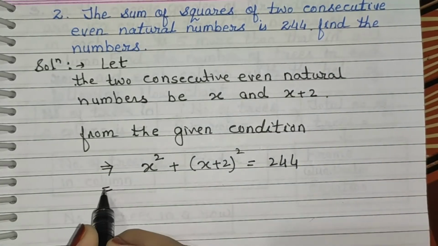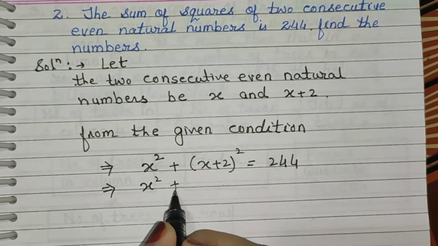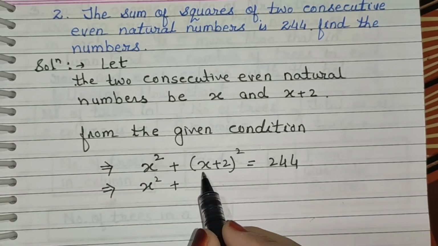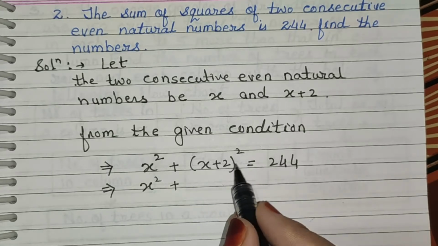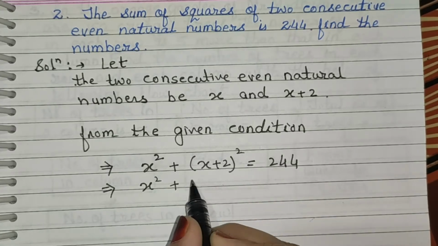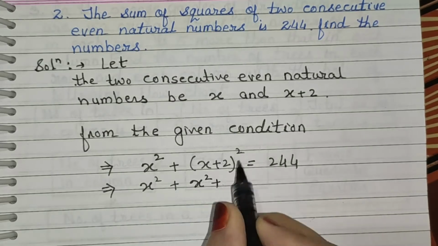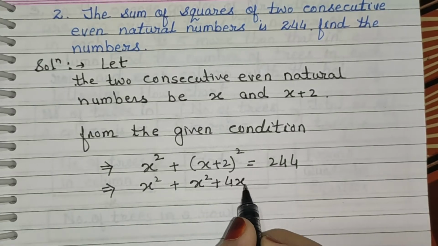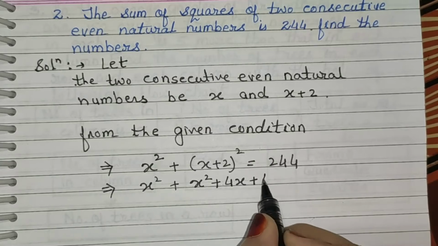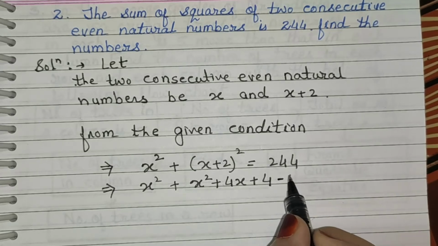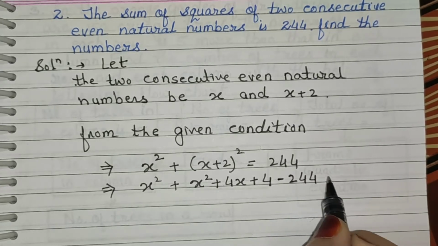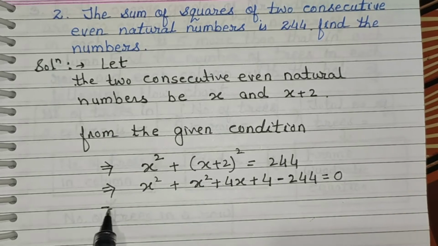Now solve it. x square. Now apply the identity here: a plus b whole square can be written as a square plus 2ab plus b square. Therefore write here x square plus 2 into 2, 4x, plus 2 square means 4. Now plus 244 shifting to the left hand side, we get minus 244 is equal to 0.